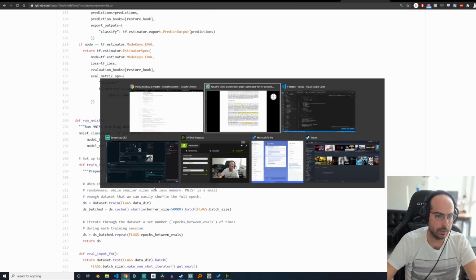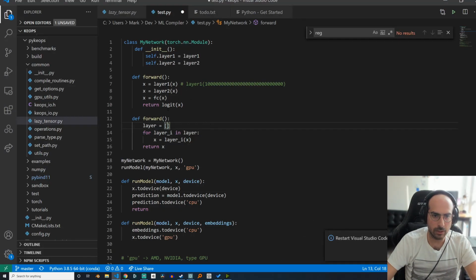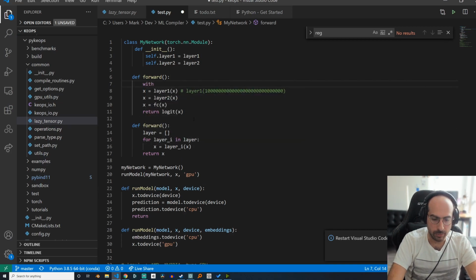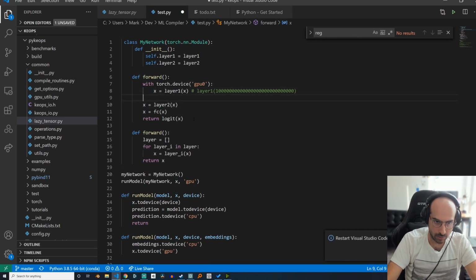The way this is actually done is very simple. I'll even show you the code, right? You would generally just say with torch.device GPU 0, and then here you would say with torch.device GPU 1.